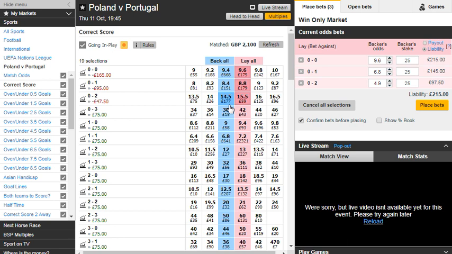Now, of course, games can stick on a score. They can stick at 0-0, they can stick at 0-1, 1-0. Things aren't always going to go your way, and you have to decide. You have to look at that game carefully, and then also decide what's happening in play.